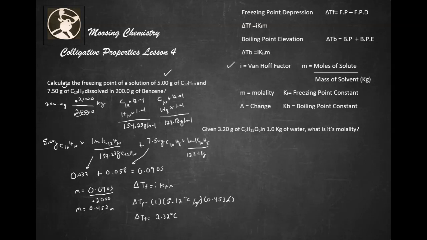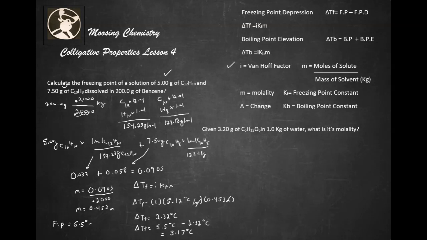So if you want to know what the new freezing point of benzene is, you would go 5.5 degrees C minus 2.32 degrees C. This is going to give me a new freezing point of 3.17 degrees C. So the freezing point of benzene originally is 5.5.